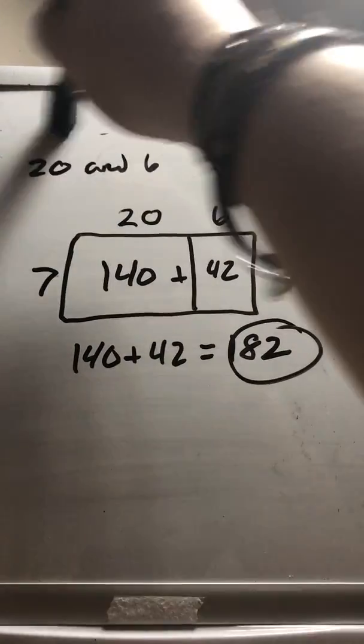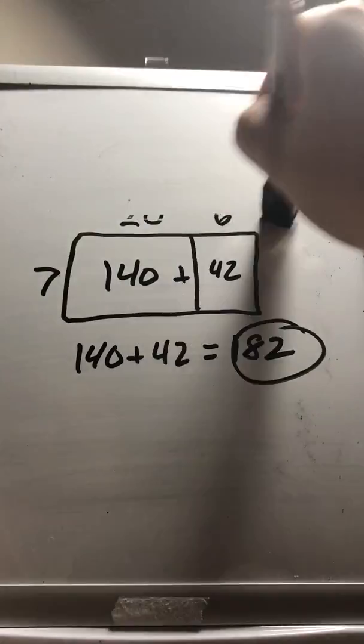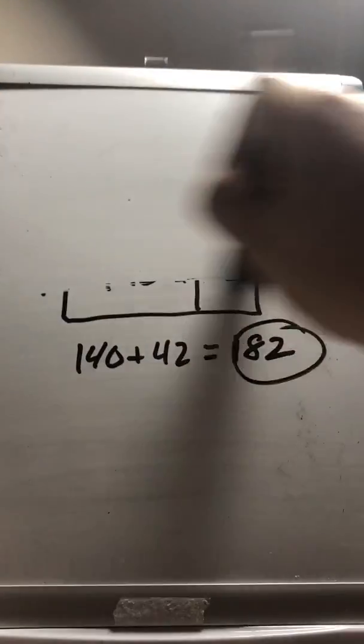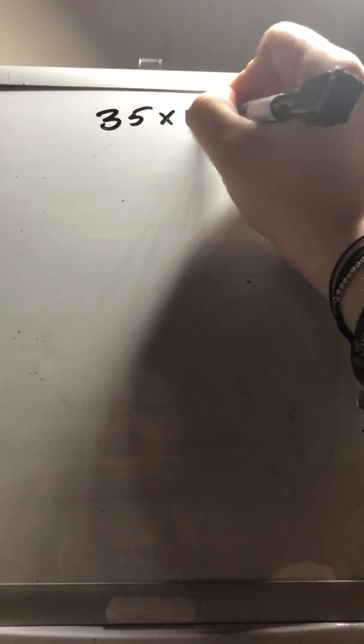Next, we're going to do a problem that may seem a little bit more difficult, but it's not, trust me. This time, both of the numbers are going to have 2 digits. So this problem is going to be 35 times 12.